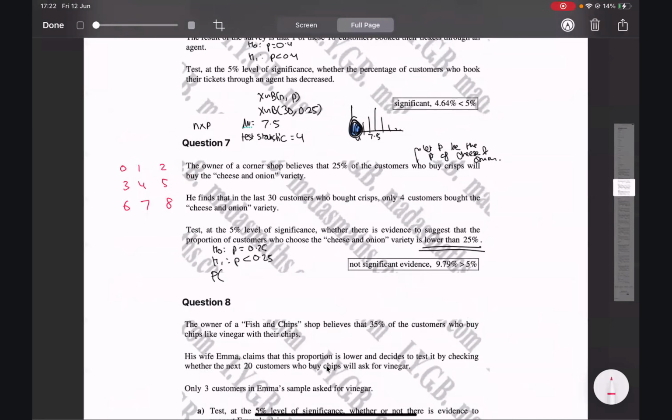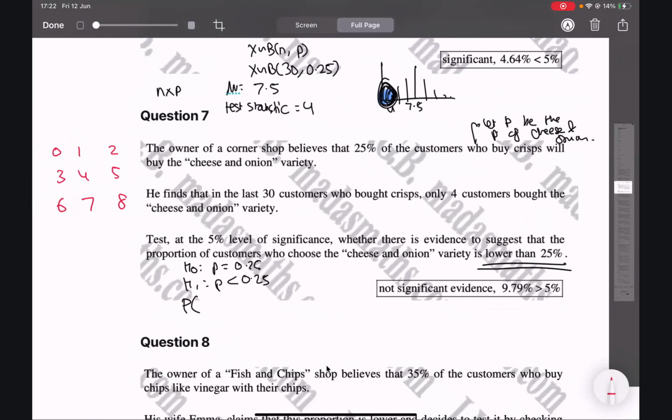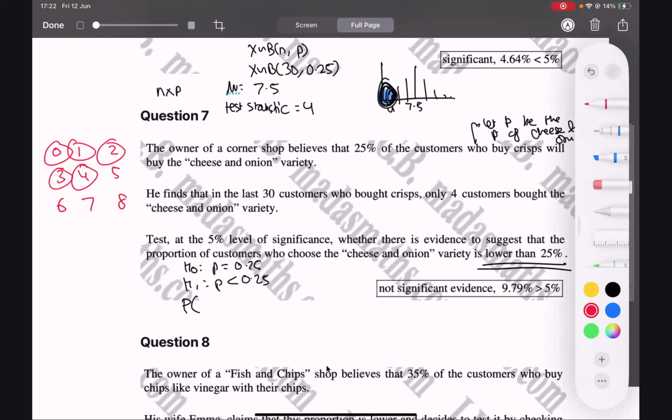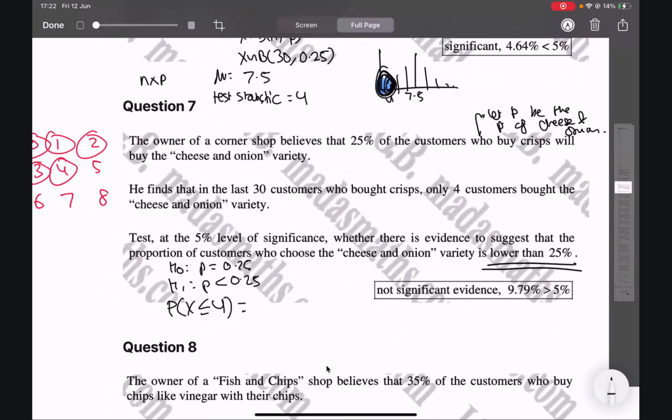That's all the different numbers of people who could buy cheese and onion, right? We just want to check the test statistic and the more extreme outcomes on that tail, to see how rare it is that any of those things happen. So we're working out the probability that X is less than or equal to 4. Okay, cool.